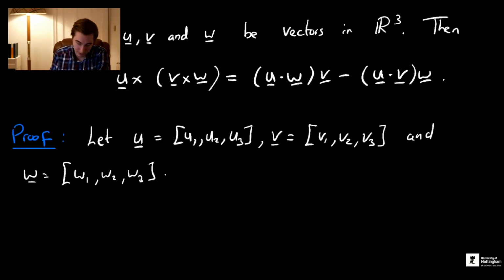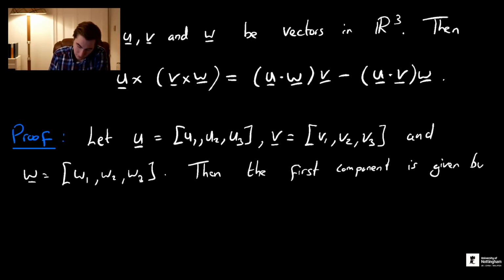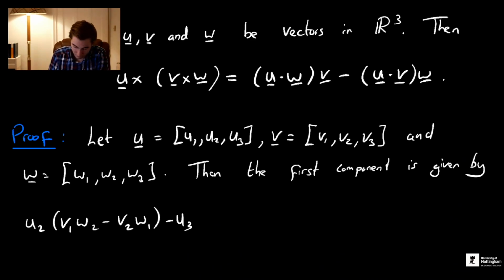So expanding the left-hand side, expanding this cross-product formula, what you should find is that the first component is given by u2 times (v1 w2 minus v2 w1) minus u3 times (v3 w1 minus v1 w3).